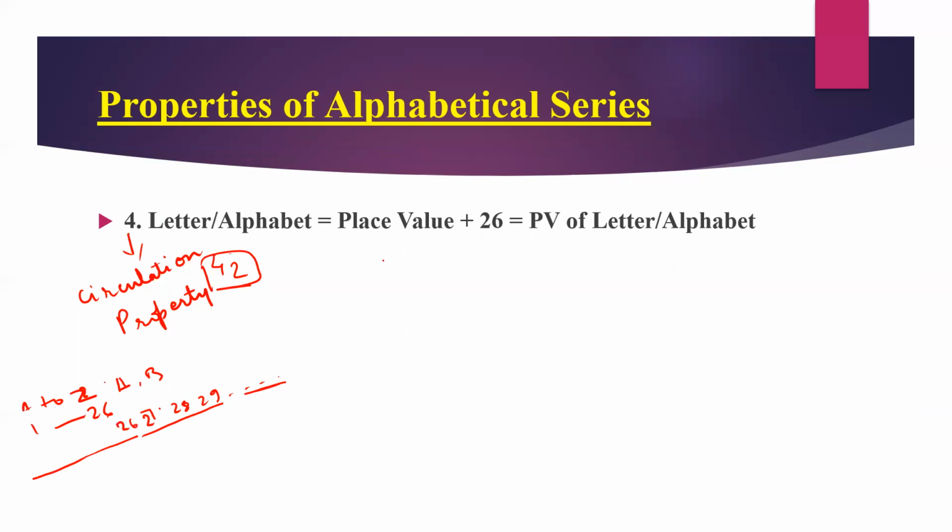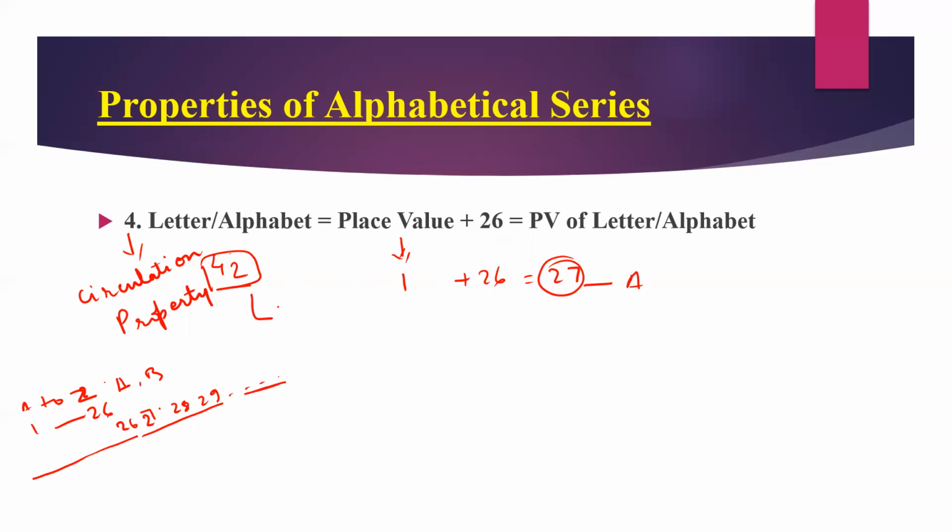Suppose the place value here is given as 1. Plus 26, if we add, what do we get? 27. So what is the letter at place 27? It will be A, right?